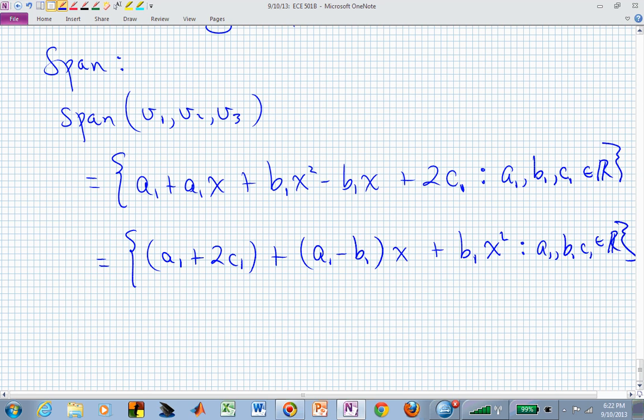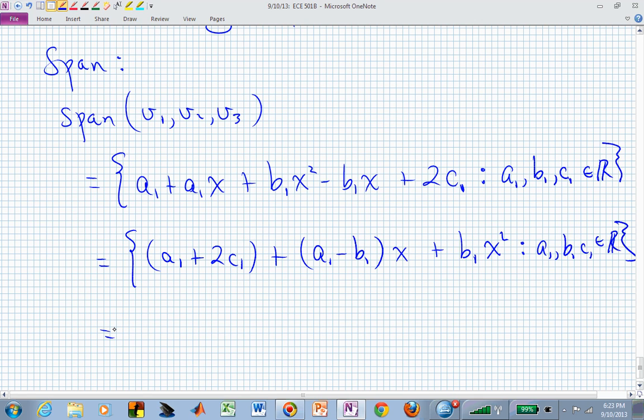And I hope that it's now clear that that's capable of spanning any of the coefficients: the constant coefficient, the linear coefficient, and the x squared coefficient. We can find a b1. Once we found a b1, we can find an a1 for the linear coefficient. Once we've found the a1, we still have flexibility in the constant coefficient by the choice of c1.